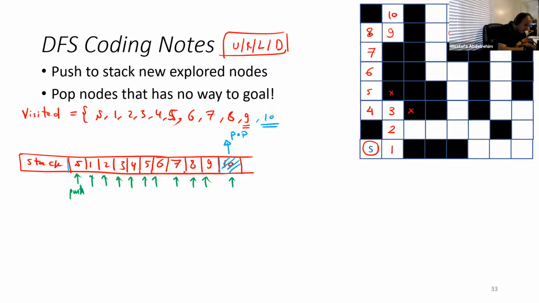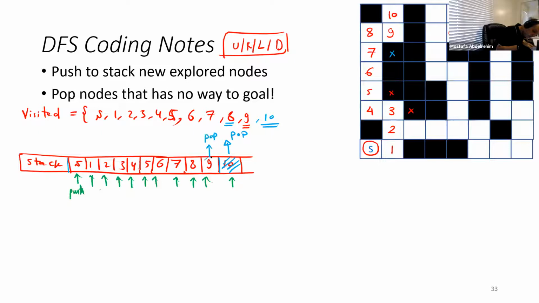No, because we visited 8. Can we go down? Also no, because this is a wall. So 9 is also a dead end. You cannot use 9 to reach the goal. There is no hope of getting to the goal from 9. So pop it also from the stack.